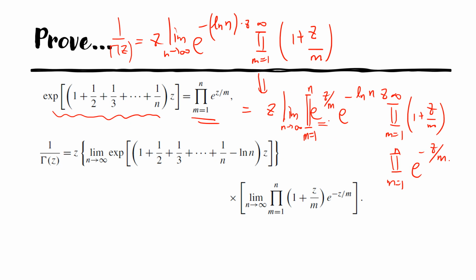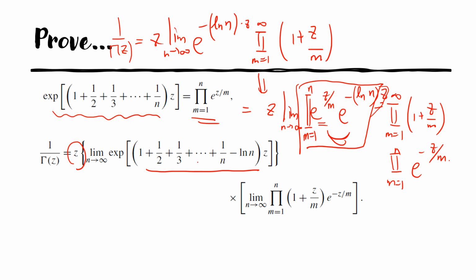If you take the limit as n goes to infinity, all of these terms, you can take out this z. Besides this z, these term combinations become this, and by definition this is gamma. The rest just follow the definition.